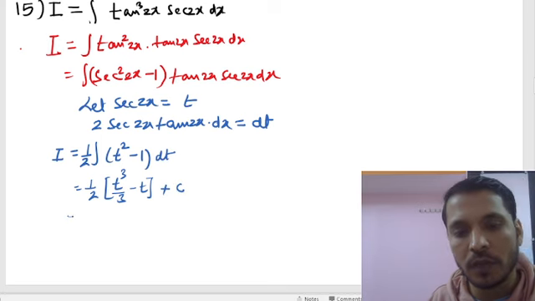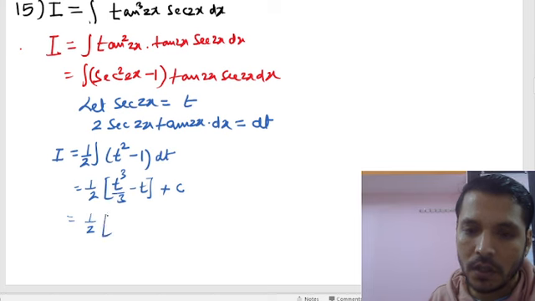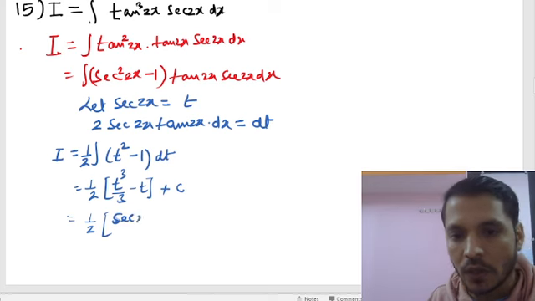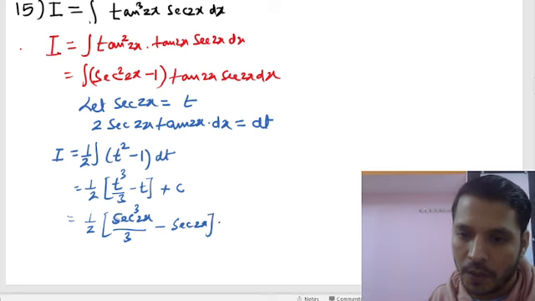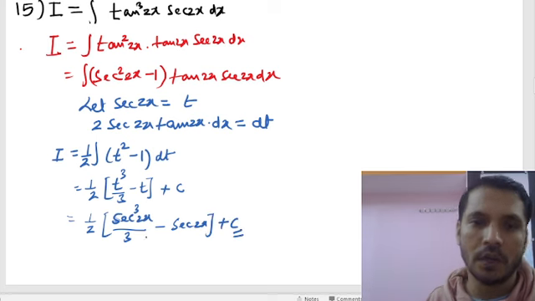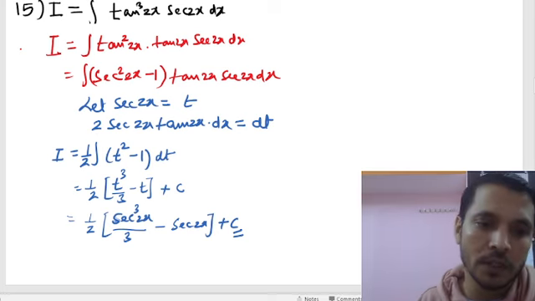Now we can replace the values: 1 by 2 outside as it is, and t means sec 2x, so it is sec cube 2x divided by 3 minus sec 2x, plus c. This is the answer.